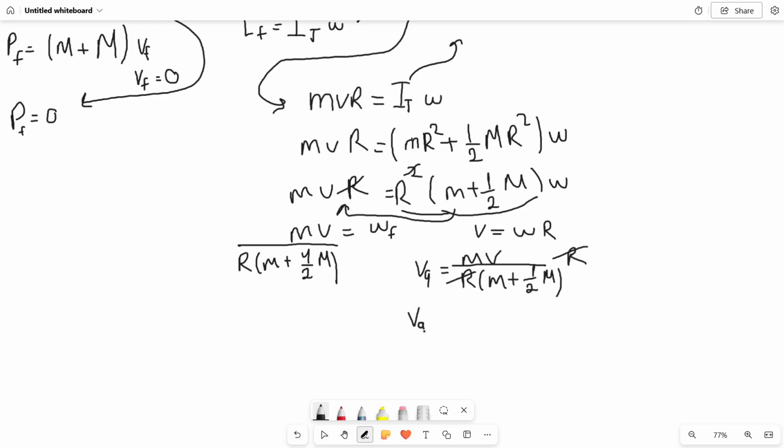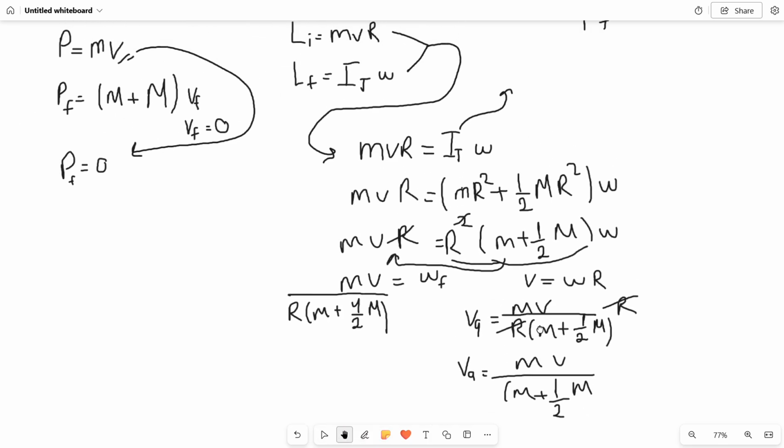The last equation for the final velocity is m times v divided by m plus 1/2 m.